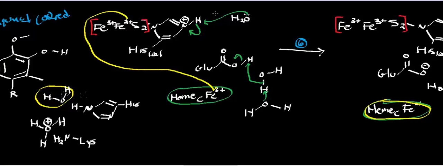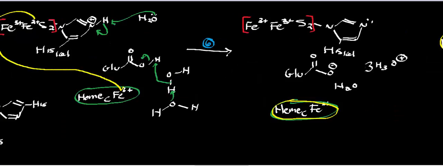and another hydronium. So far, if we're keeping track of our hydroniums, we have 3 of them. So now we have deprotonated histidine 161. We have successfully regenerated the Rieske iron sulfur center to its original oxidized form. We have deprotonated glutamate, and now we have these 3 hydroniums that we have to deal with.